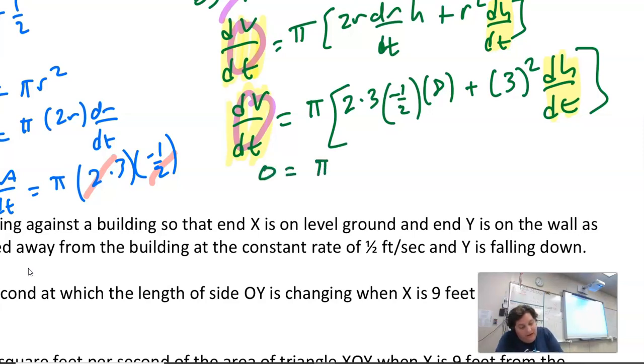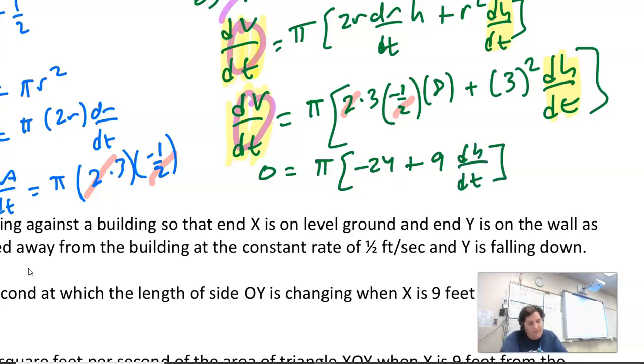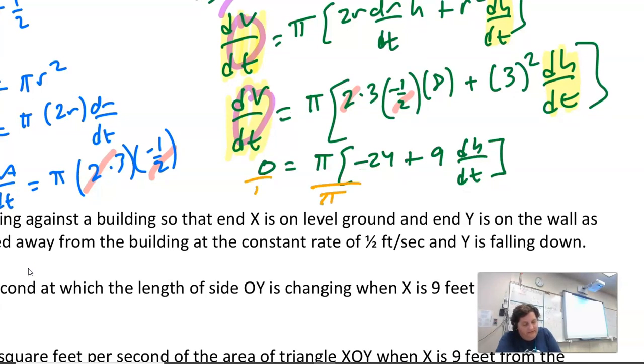Okay. Pi. All right. Let's see here. That 2 is going to cancel out. 3 times -1 times 8, that's -24, plus 9 dH/dt. I mean, this is weird, but just to get it out of there, I'll go ahead and divide by pi because 0 divided by pi is still 0.